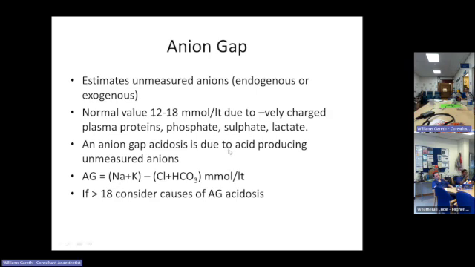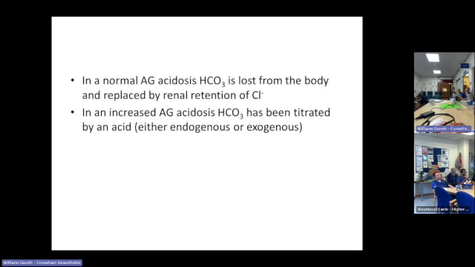And the thinking is if it's significantly in excess of 18, then you might be looking at an anion gap acidosis. In a normal anion gap acidosis, the presumption is you are losing bicarbonate somewhere, whereas in an anion gap acidosis, an unmeasured acid is buffering the bicarbonate. You're seeing a fall in bicarbonate secondary to a new acid in the system.